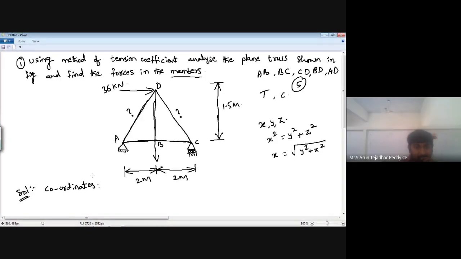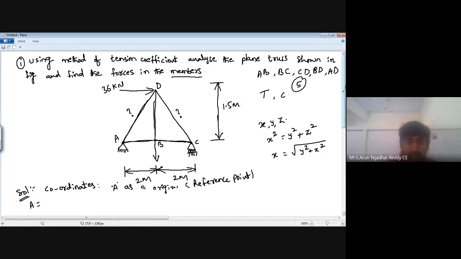Take A as the origin, which means it is a reference point. With A as the origin, find the coordinates of A, B, C and D. First, A.